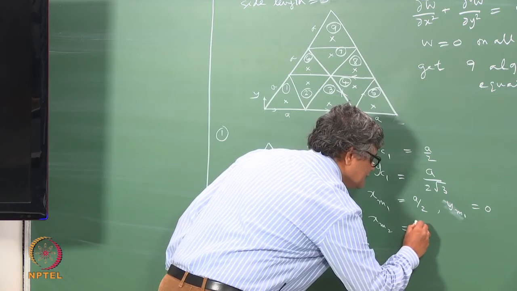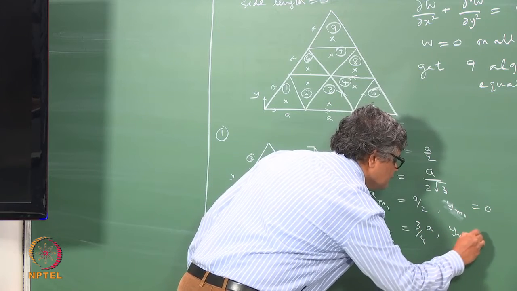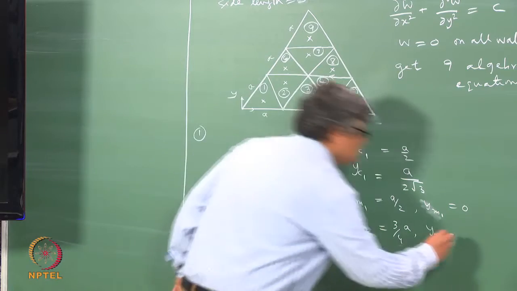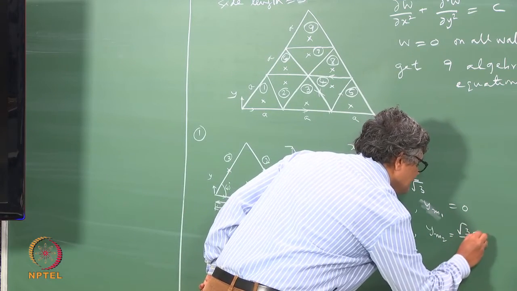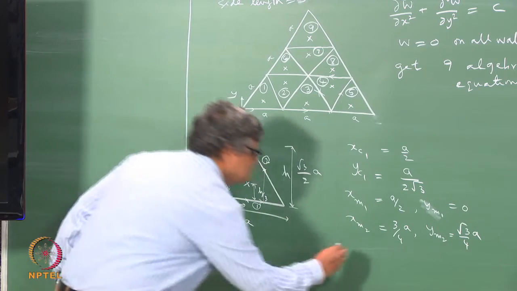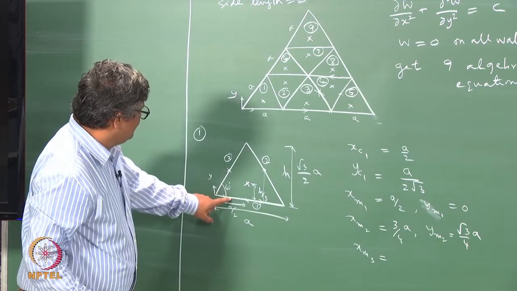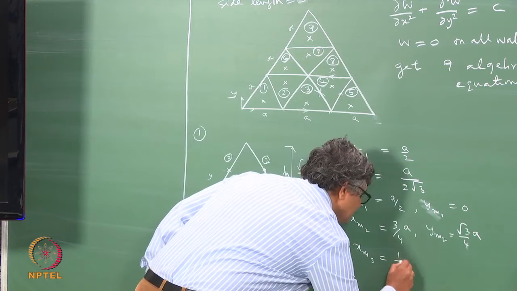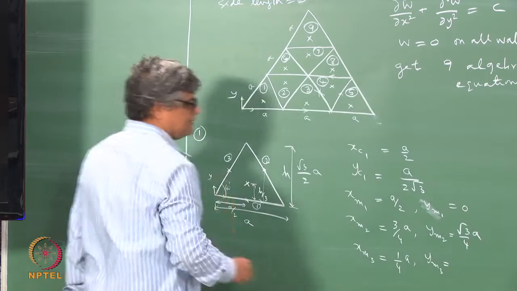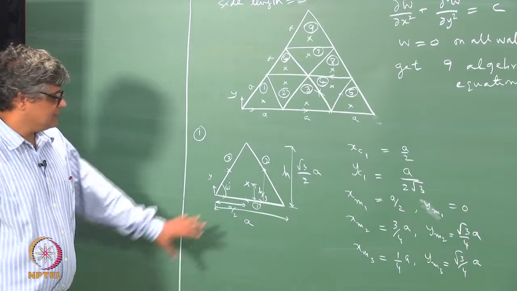So, this is 3 by 4 A, and ym2 is half the height, that is h by 2, so that is square root of 3 by 4 A. And this is the midpoint of the third side, xm3, at an x distance of 1/4 of A, and the y distance is at the same height as this, that is square root of 3 by 4 A. So, this is the geometric information.